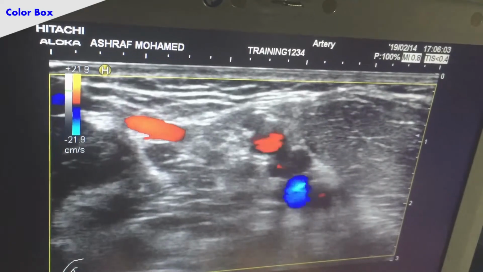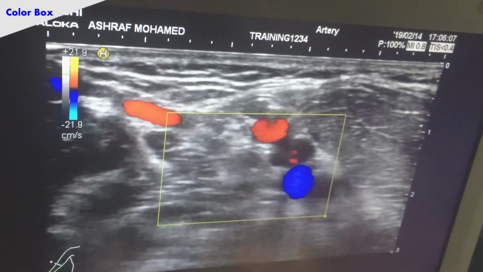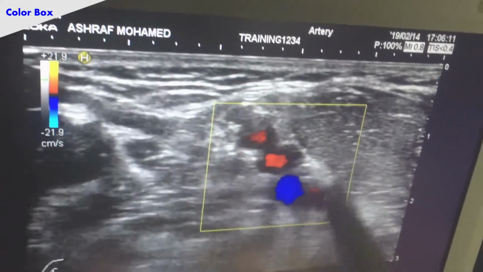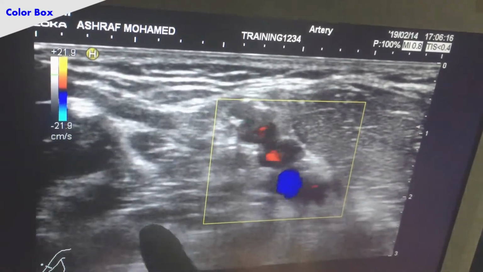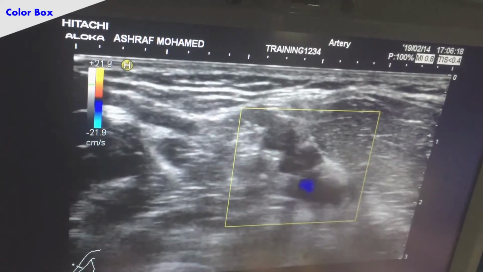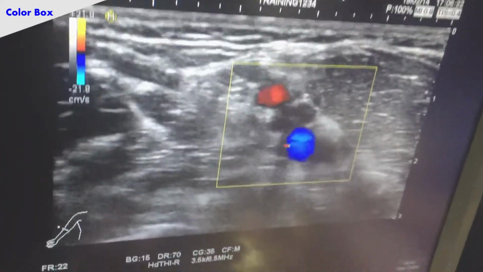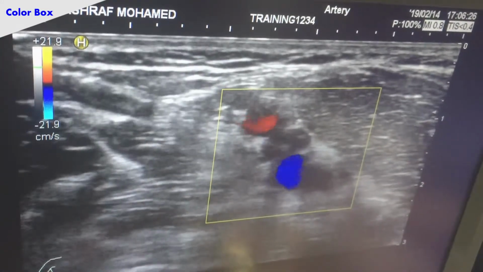If you make it like this, it will take a long time. Make the region of interest usually like that to get good resolution and a good frame rate, so it will be faster. You can see quickly and get a quick result. This is what we need to tell you about the color box.